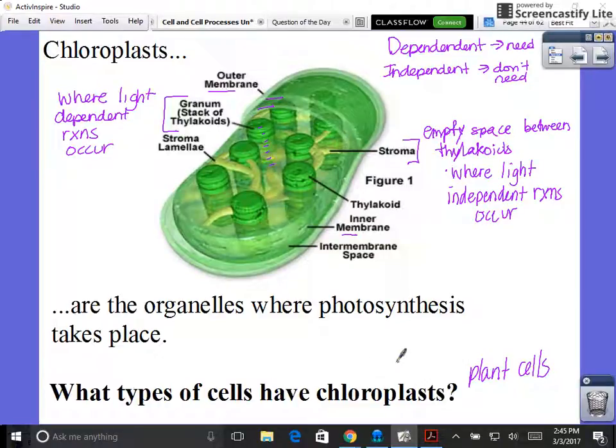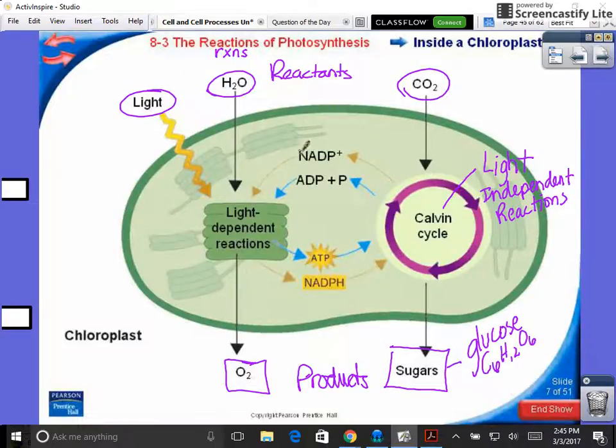The types of cells we've been talking about that have chloroplasts are plant cells. Chloroplasts are only found in plant cells, not in animal cells. Inside a chloroplast, and this is just a model to show you what's happening, the light reactions are happening in the stacks of the thylakoid membranes.